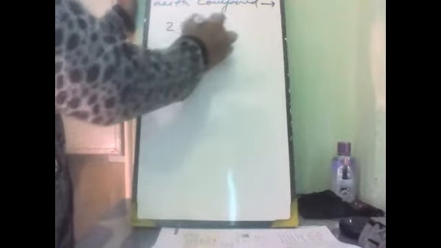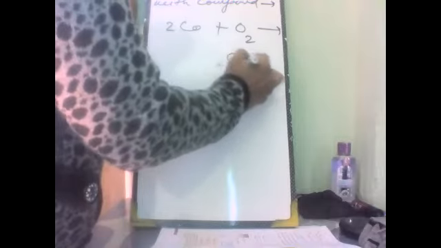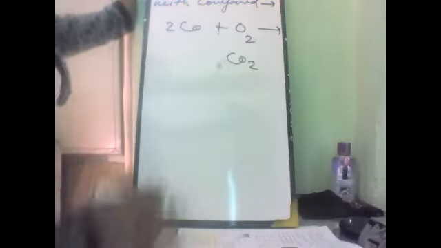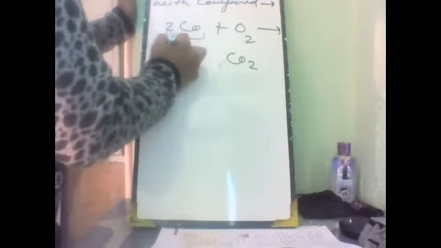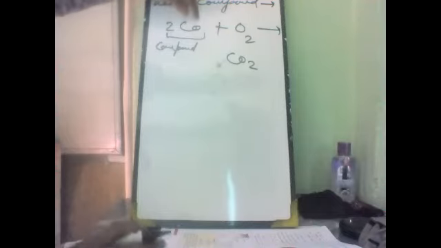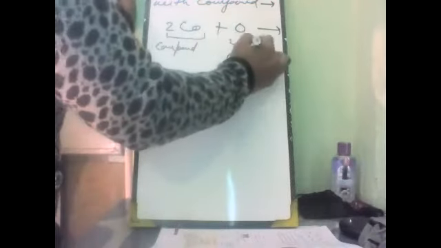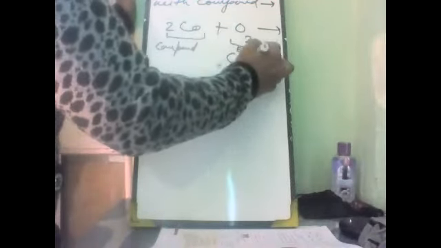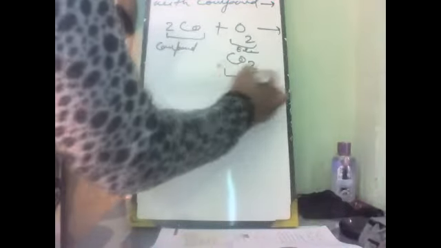Carbon monoxide reacts with oxygen to form carbon dioxide. So carbon monoxide is a compound. Already carbon reacted with oxygen and formed carbon monoxide. So it is a compound and this is an element. One compound and one element form another compound.